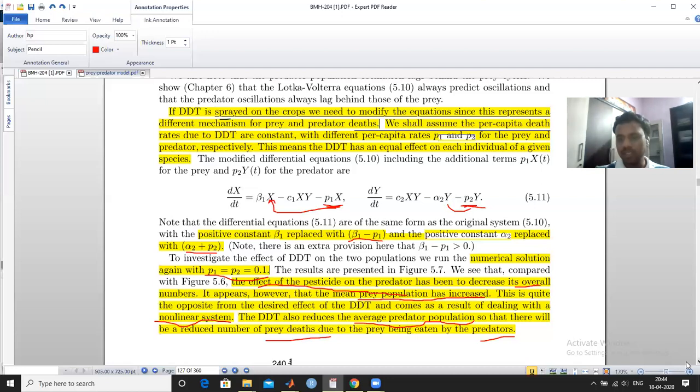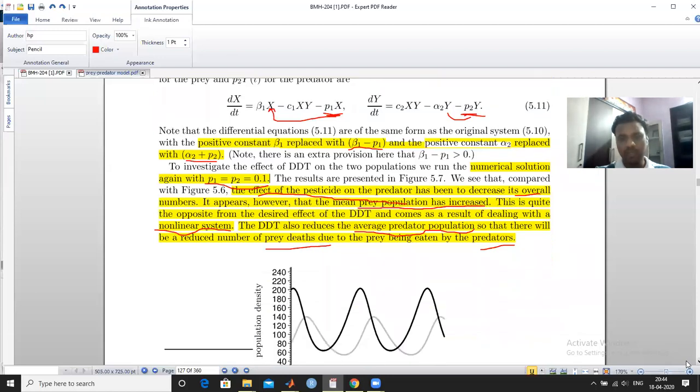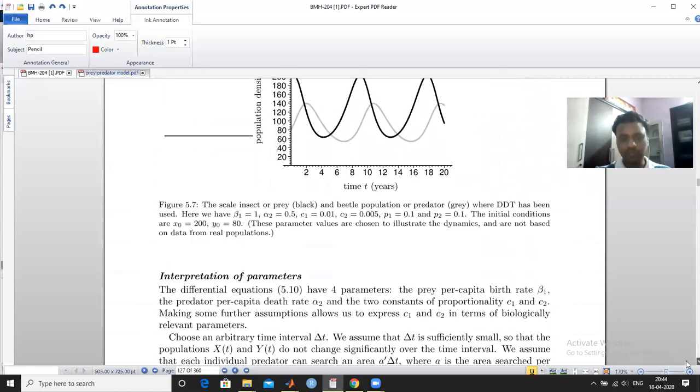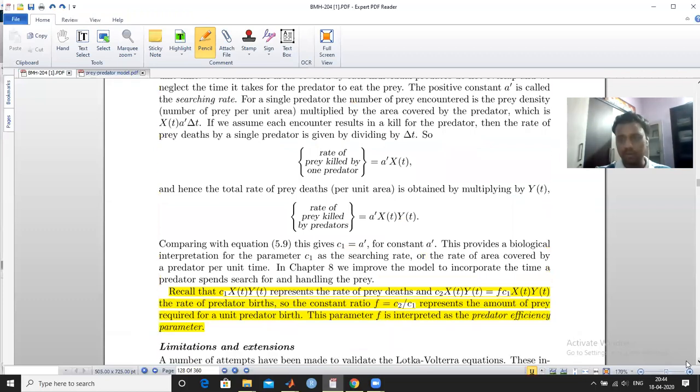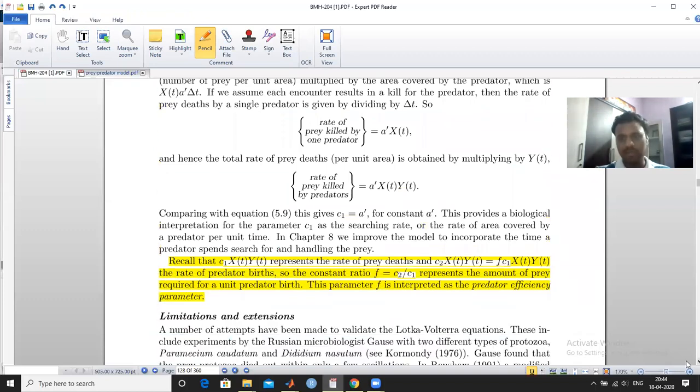So this was the case when we use the DDT, and in this case DDT fails. So we develop a new theory that the use of DDT is not always good for vanishing the population of the insects.